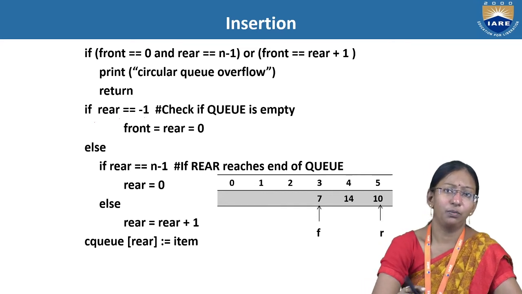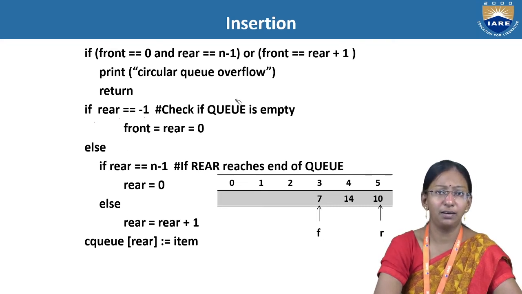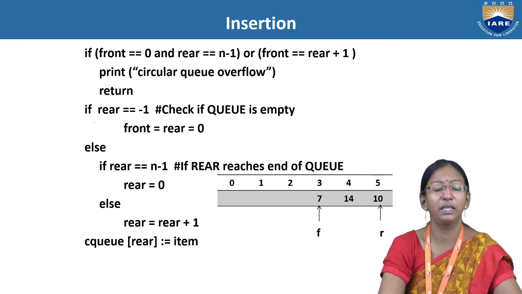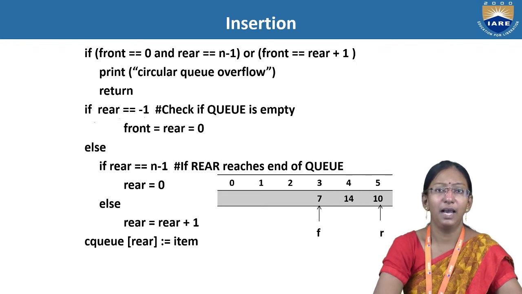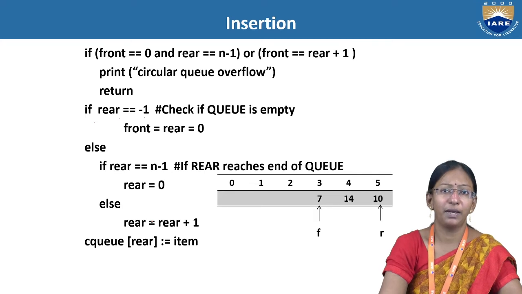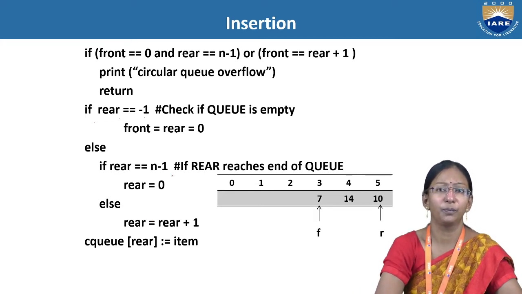In that case, when rear is -1, change the index values of both front and rear to 0, or increment, you can say. Else, if rear is equal to n-1, then shift rear to 0. This is case 2.